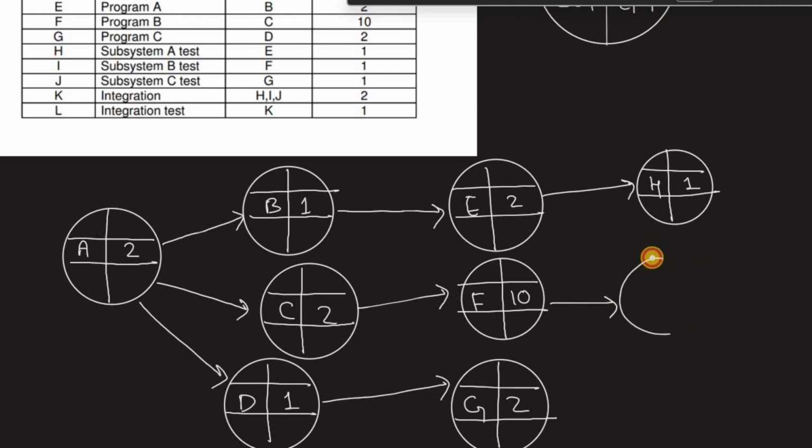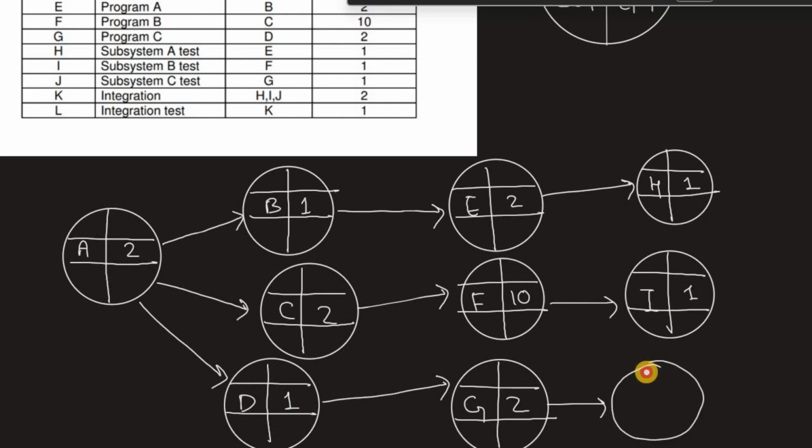Next we have I, which is dependent on F, with a duration of 1. Next we have J, which is dependent on G, and its duration is also 1.